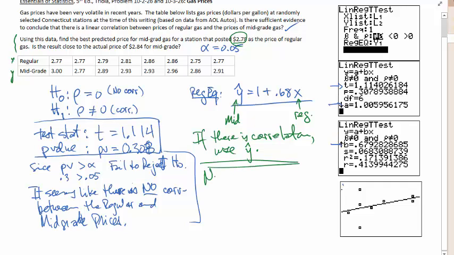However, we had no correlation. So if there's no correlation, what we need to do when we make predictions is just use Y bar. This is the mean of the Y values.